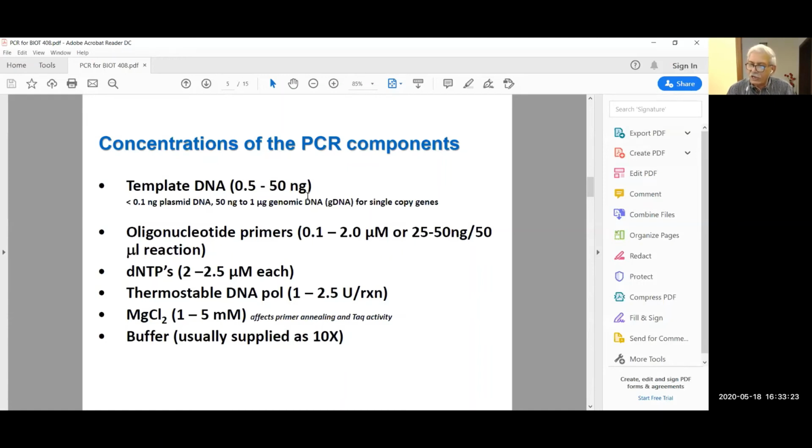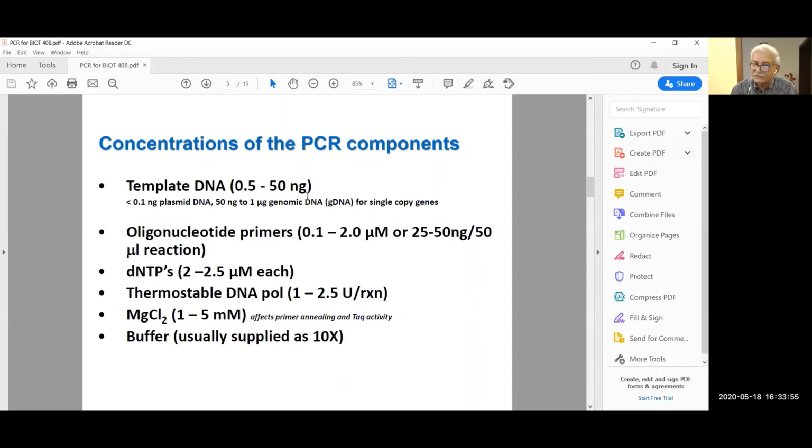How many picograms will have 1,000 copies? 6 multiplied by what? Or you divide 1,000 by 2, you get a value, and multiply it with 6. That is the amount in picograms that you need to achieve 1,000 template copies.